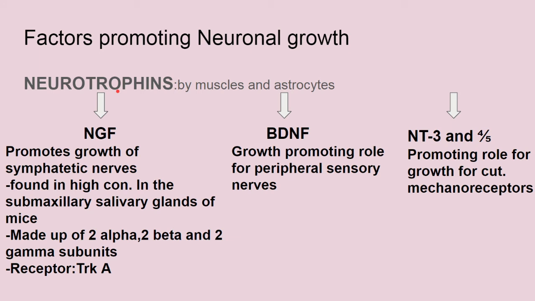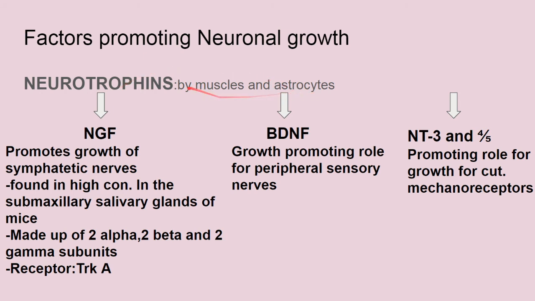Now they are mainly produced by the muscles of the body and other structures, especially by the glands that the neuron innervates. That means they are mainly formed by the muscles and the glands which are innervated by the neurons. Just remember this. Some of the neurotrophins are also produced by the astrocytes.